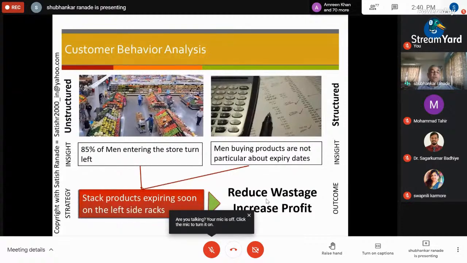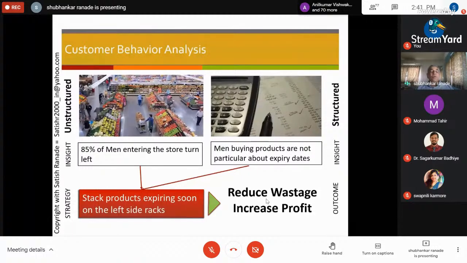But by doing this, what they could realize is, earlier, before this strategy, they had to throw a lot of perishable goods like vegetable, milk, bread, because they have expired but not sold out.